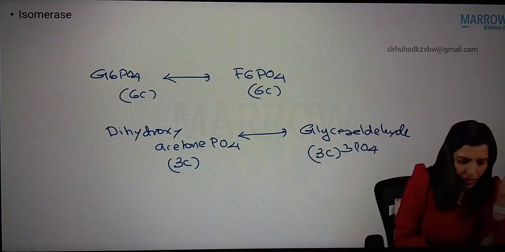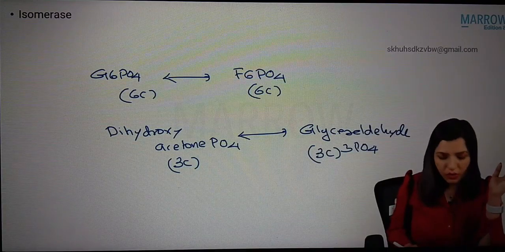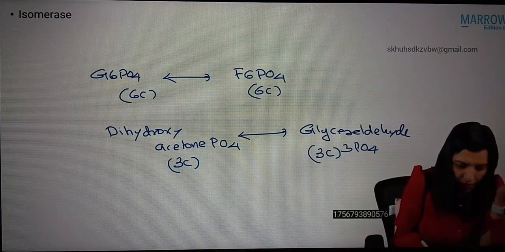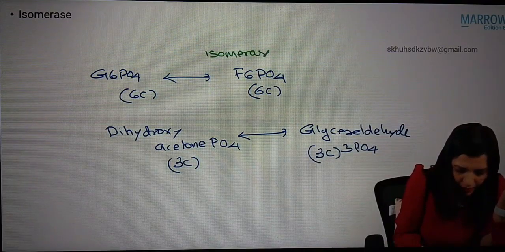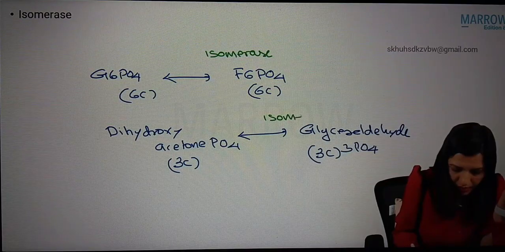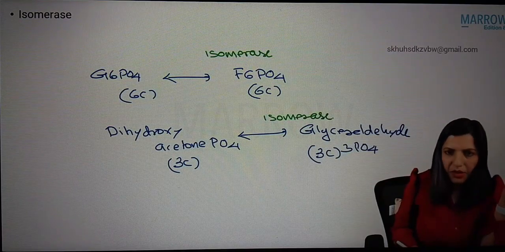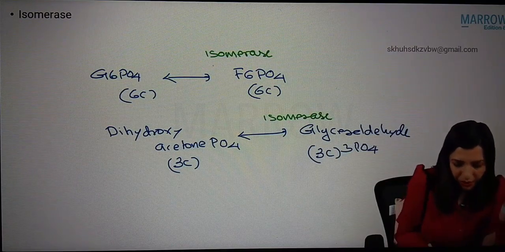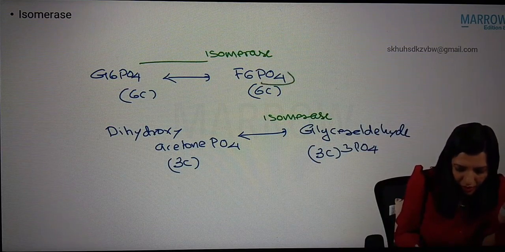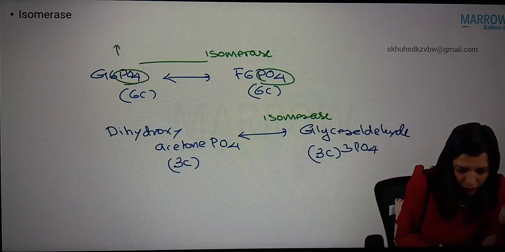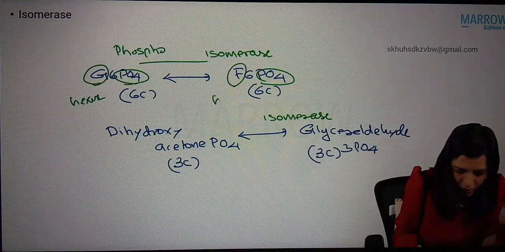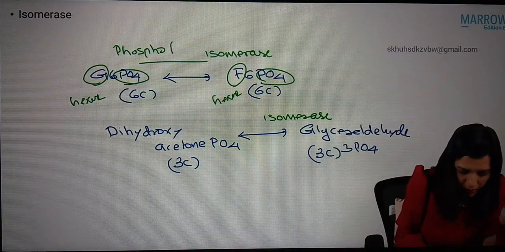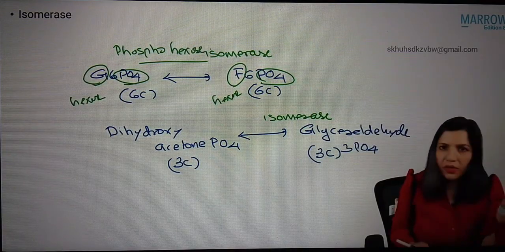Now, in the case of glucose 6-phosphate to fructose 6-phosphate, the enzyme is isomerase. Both are isomerase. Now, we have to prefix it with a name. What isomerase is it? They are both phospho, so I'm writing phospho here. This is a hexose, and fructose is also a hexose, so this is phosphohexose isomerase.